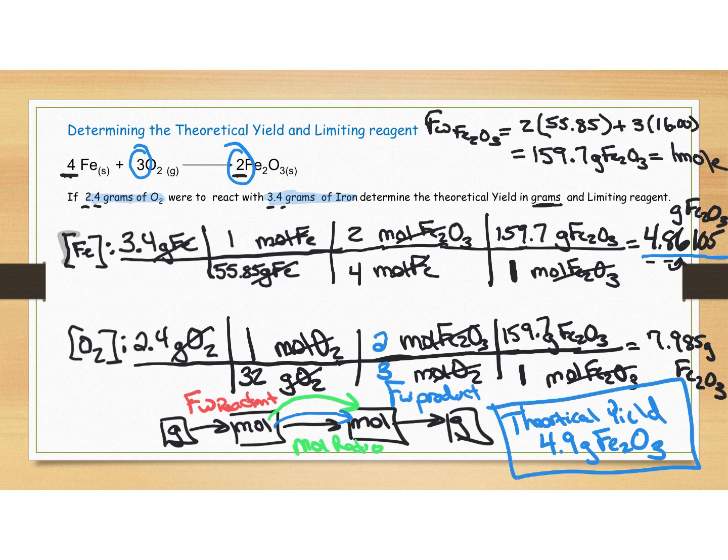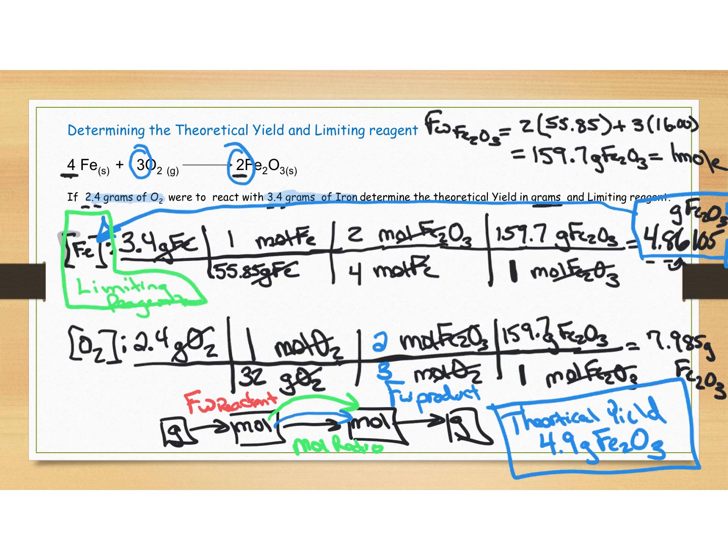Now, my theoretical yield determines what my limiting reagent is. So I draw my arrow back, right? Had I chose the one on the bottom, I would have drawn the arrow back to the O2. But since I picked the 4.9, my correct answer for my limiting reagent then is the iron. So my iron is now my limiting reagent.